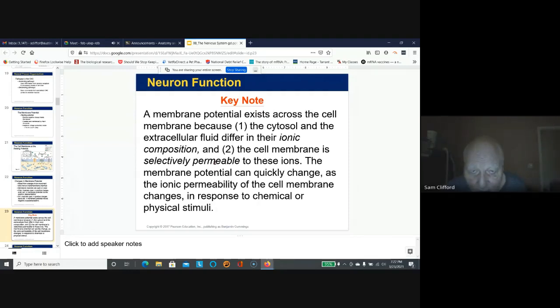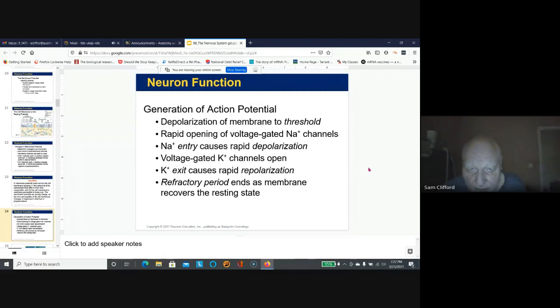It controls what ions move in, what ions move out, and depending upon information from other nerves, these membrane channels can be opened and closed to create a sequence of events.